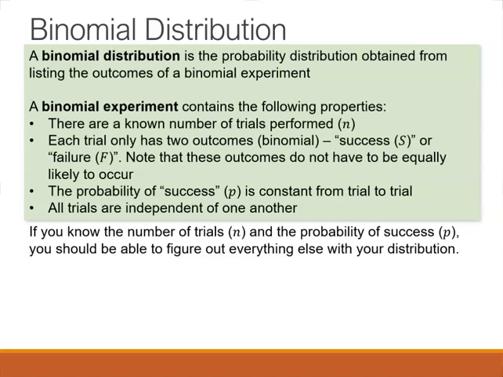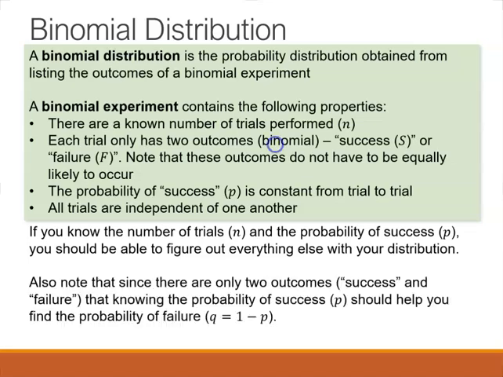So if we have the number of trials and the probability of success, we can figure out everything else to find the probabilities inside of one of these binomial experiments. And as noted earlier, the probability of success and failure have to sum to give us 1.